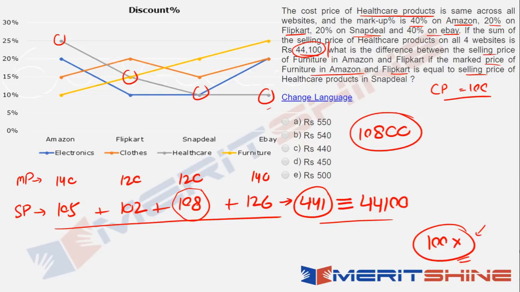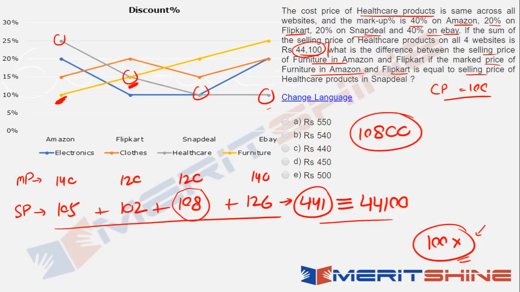It says, what is the difference between the selling price? Where is Amazon, Flipkart, and what is he asking? Furniture. Amazon, Flipkart, furniture. Furniture is this yellow bar here. So these are my numbers. This 10% and this 15%.